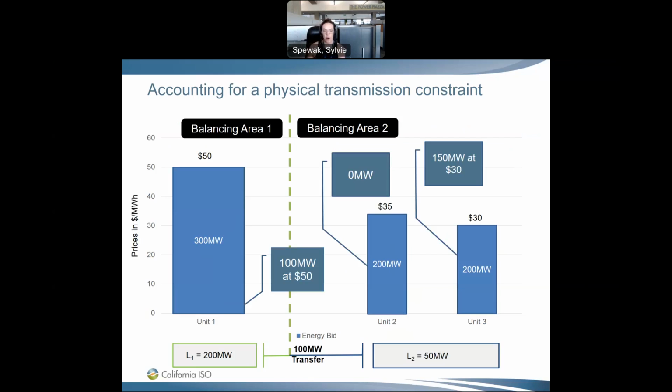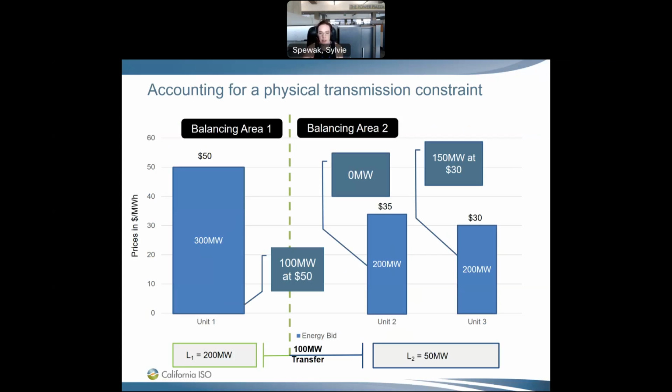And so I've highlighted that here. In order to meet load at least cost, what we'll want is 150 megawatts of unit 3 at $30 per megawatt hour, but then we hit our constraint, and the next least cost resource available is going to be Unit 1 at $50 per megawatt hour.